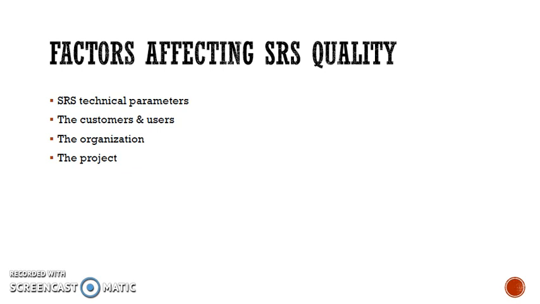And the next is the customer and user. They are the ones who want the system made for them, right? So we need their requirements, what they need from the system. If the requirements are not clear from the customer and user, then it will affect the system.